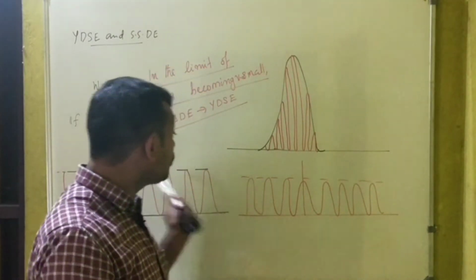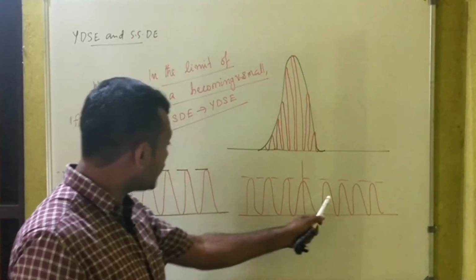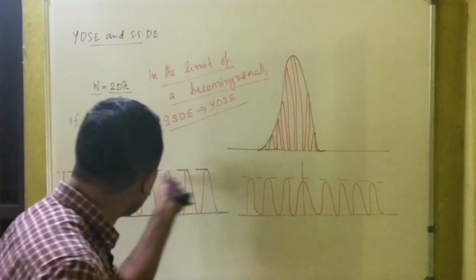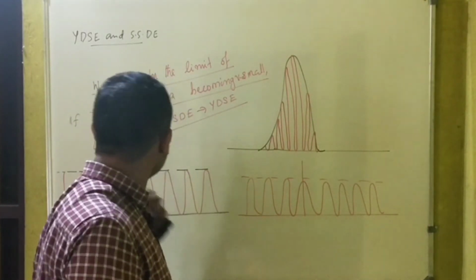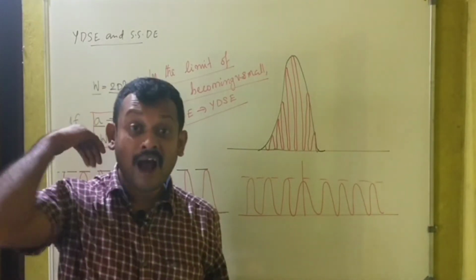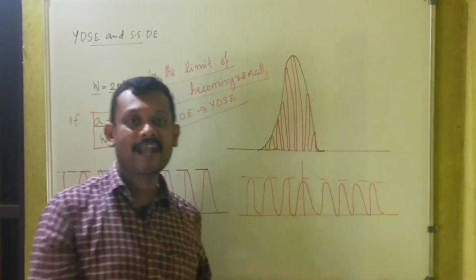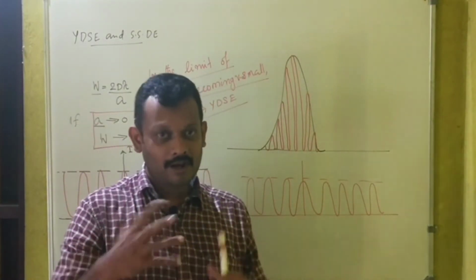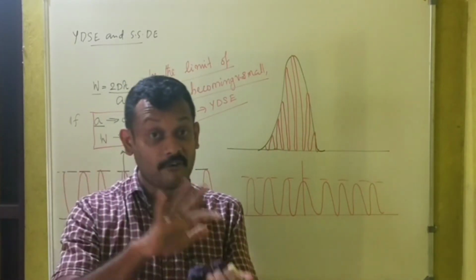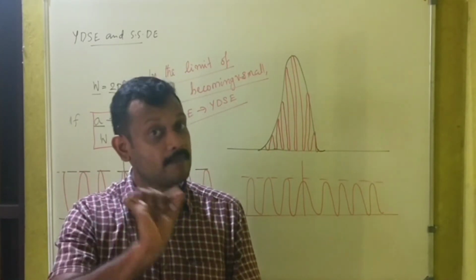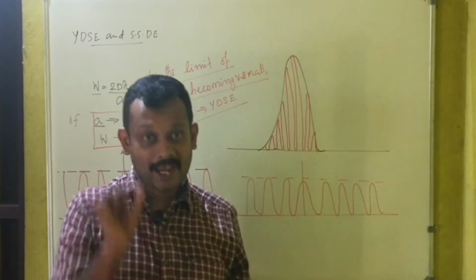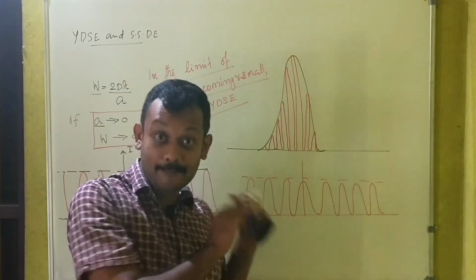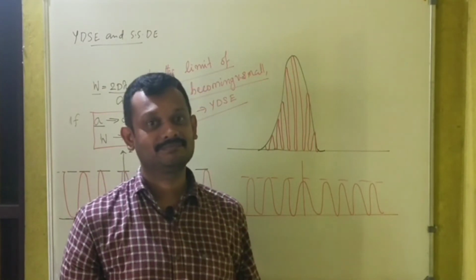We get the two slit interference pattern as I told you here, and that is what you see here as well. This is a very important condition regarding the formation of YDSE from single slit diffraction experiments. I hope this idea is absolutely clear to you.